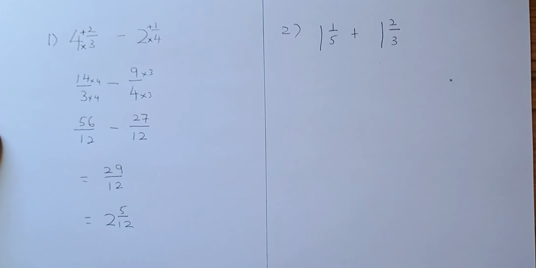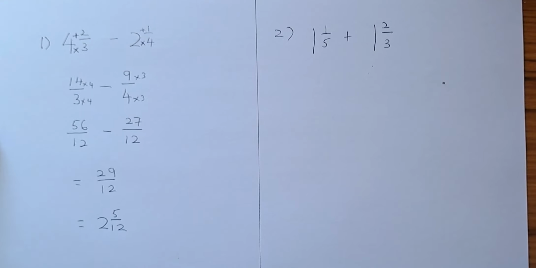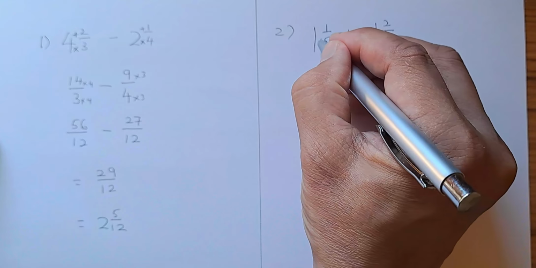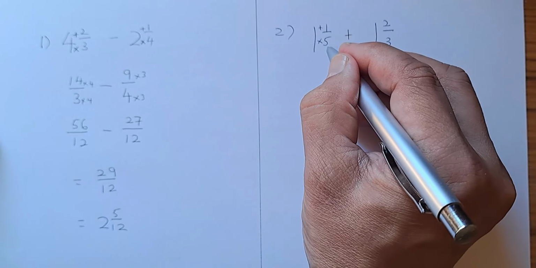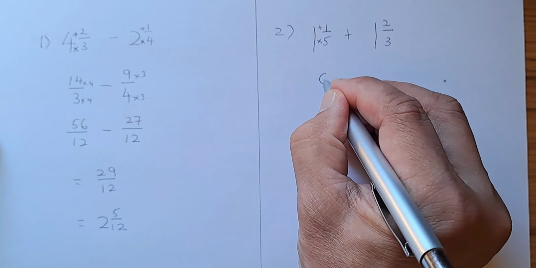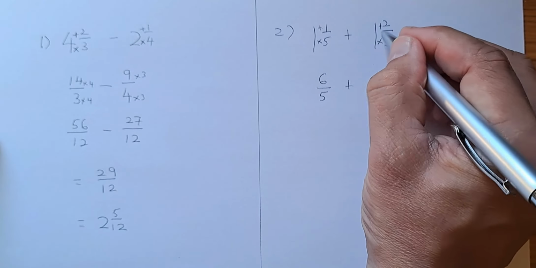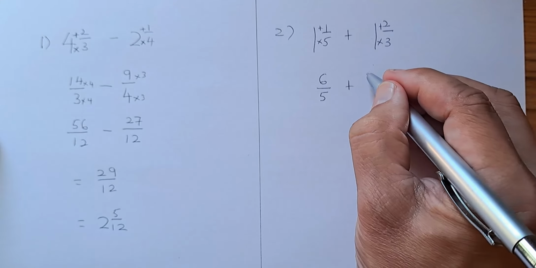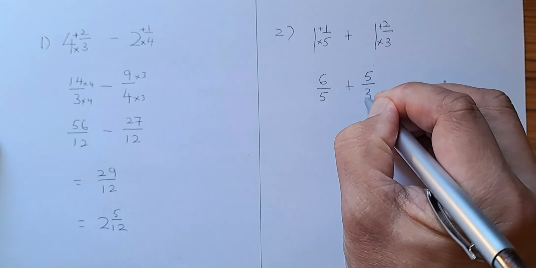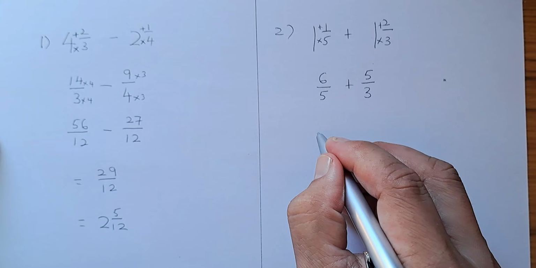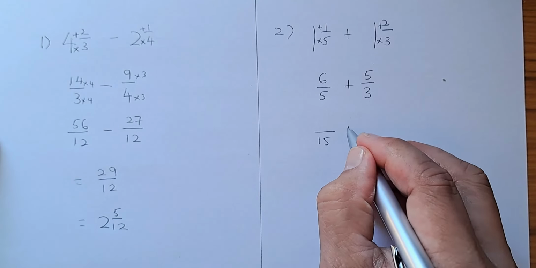The second example is going to be 2 1/5 plus 1 2/3. Again, you need to convert them into improper fractions. So you multiply and add. 2 times 5 is 10 plus 1, that's going to be 11 over 5. And then for this fraction, you multiply and add. 1 times 3 is 3 plus 2 is 5 over 3. The common denominator is 15. 5 times 3 is 15, and 3 times 5 is 15.